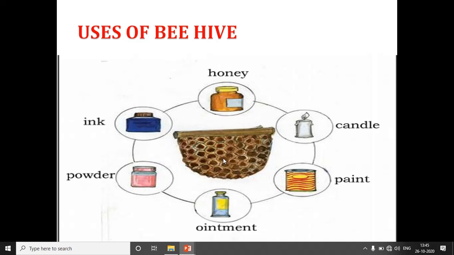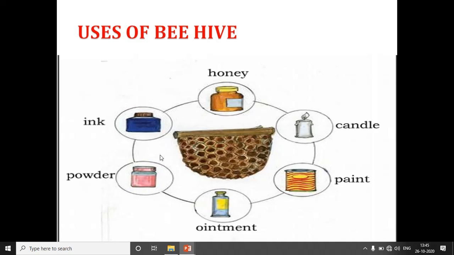Then from the beehive we can get ointment, which has cosmetic value.